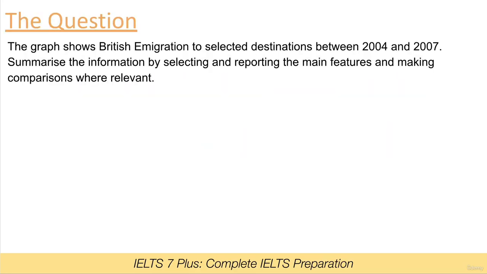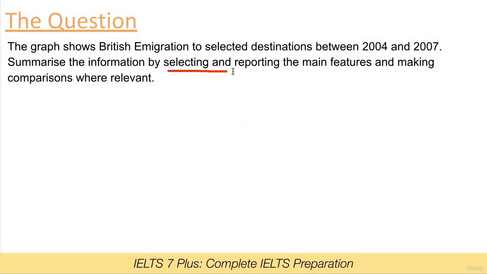Okay, the question. The graph shows British immigration to selected destinations between 2004 and 2007. Summarise the information by selecting and reporting the main features and making comparisons where relevant.